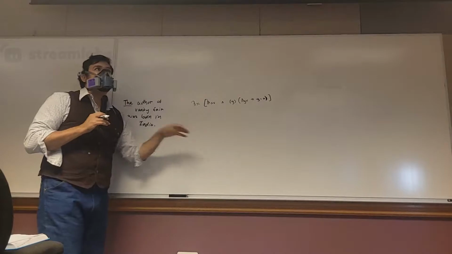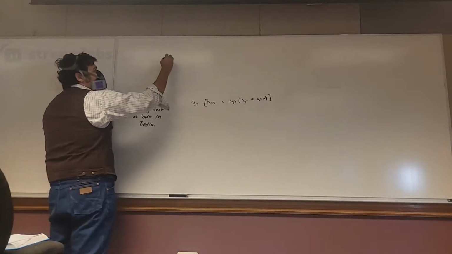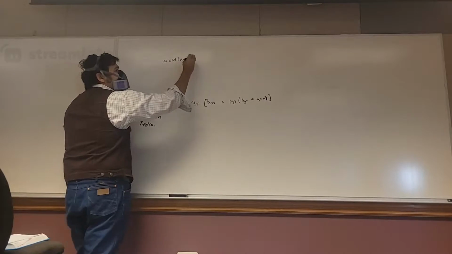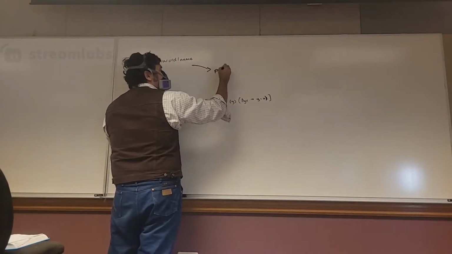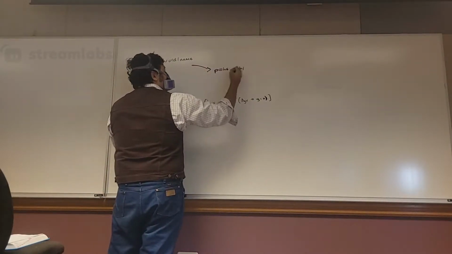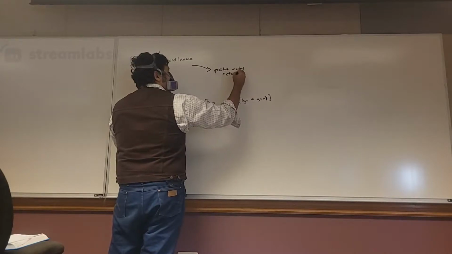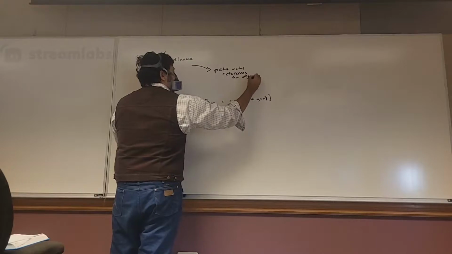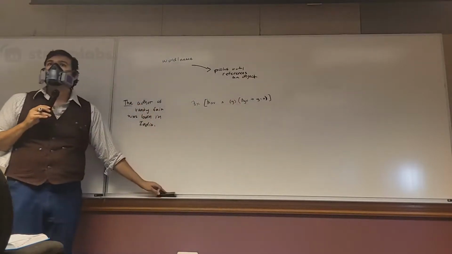The thing about whenever you have a word, or let's say a way of naming something, that picks out or references an object. Not all words do that, but names and stuff like that do.